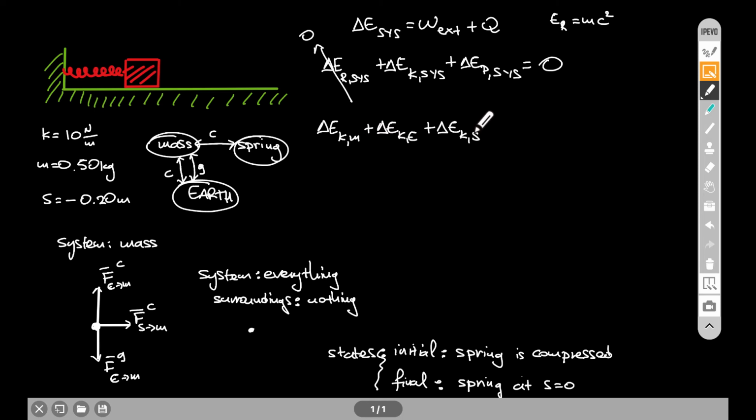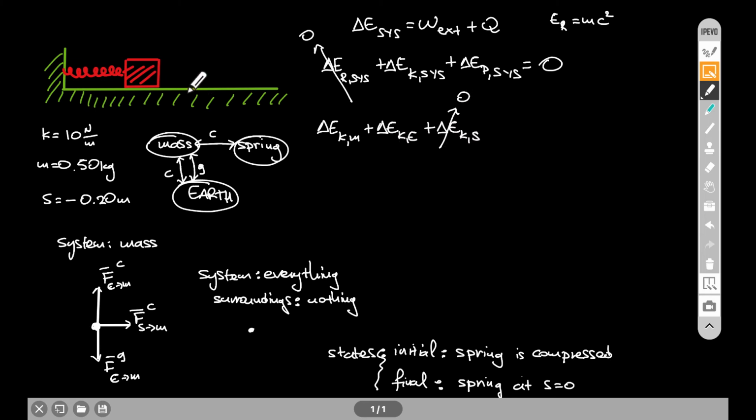Now, I want to remind you, I did assume that the spring is ideal. An ideal spring means that it has very little mass. We know that kinetic energy depends on the mass, 1/2 mv squared. Since the mass of the spring is tiny, this allows me to say that this is 0. That's why I can get rid of this term.